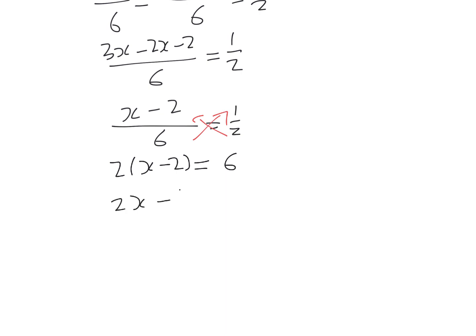Expand the bracket. 2 times x is 2x, 2 times minus 2 is minus 4. We would add 4 to both sides. So 2x would equal 10. And we could divide both sides by 2. So x equals 5.